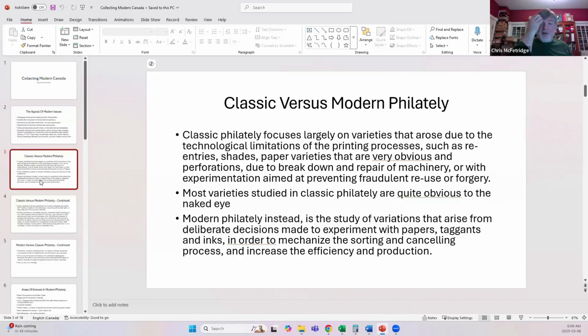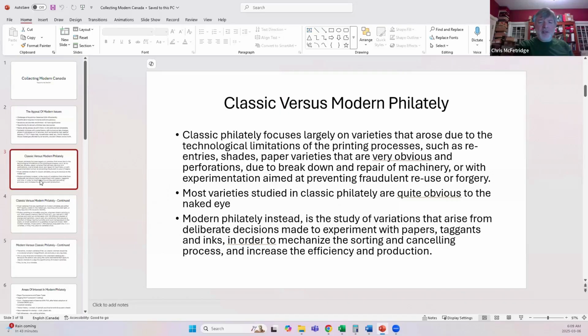Oftentimes, it's simply a matter of the printer not matching the ink back to the master swatch, and just getting little bits of variation with each printing until by the time they've had the 20th or 30th printing, they're way off from the earliest shade.